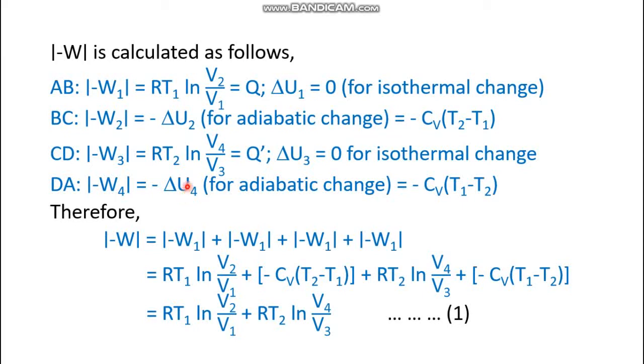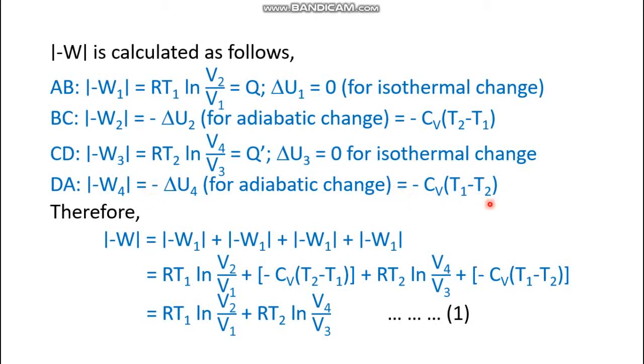And since delta U is Cv into T2 minus T1, here T2 is T1, and instead of T1 we have to write T2, because this is the final temperature and this is the initial temperature. So final minus initial. The temperature of the system is increasing from T2 to T1, and the negative sign is as usual taken from this negative sign. So it is minus Cv T1 minus T2.